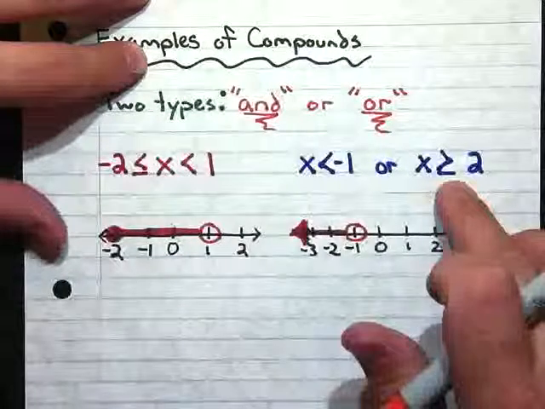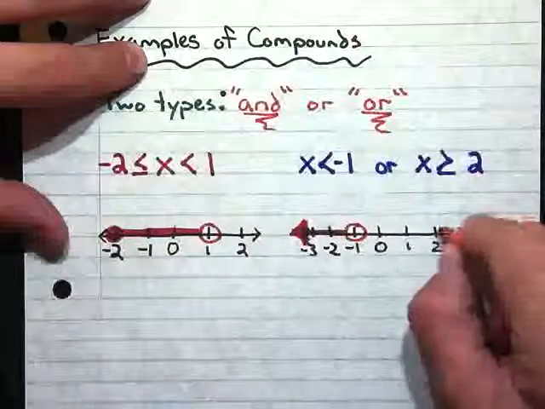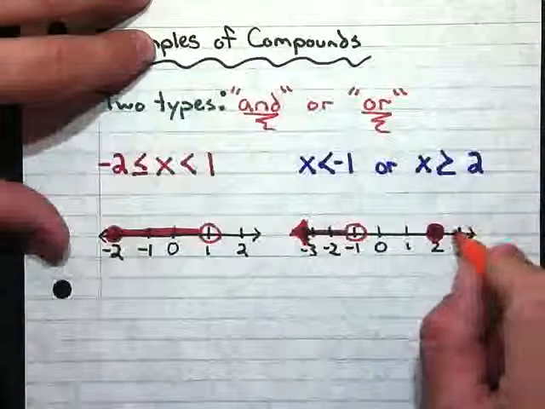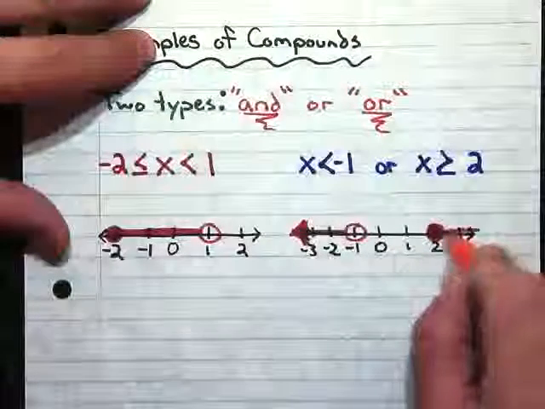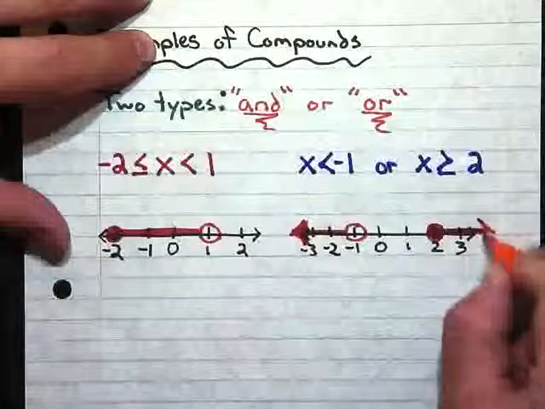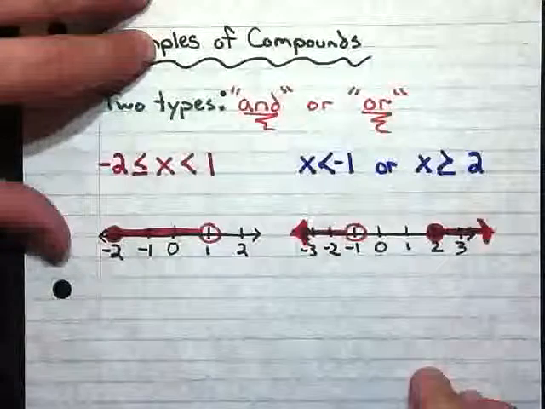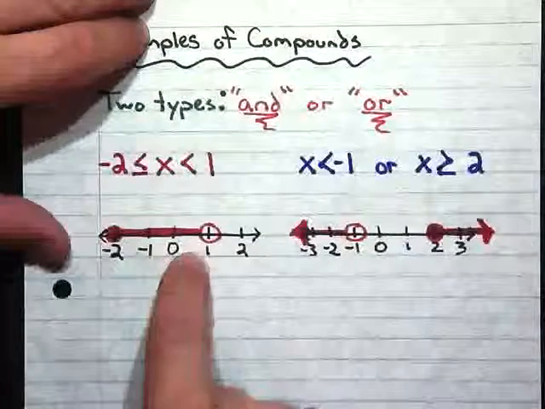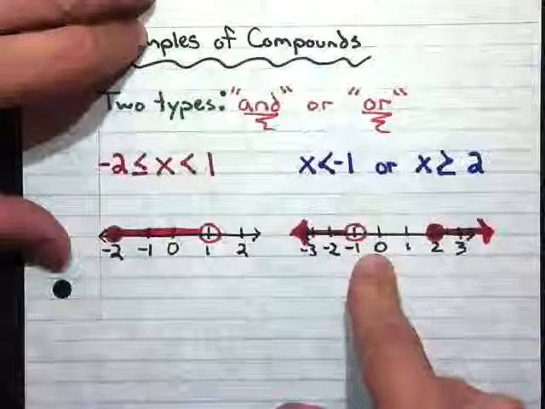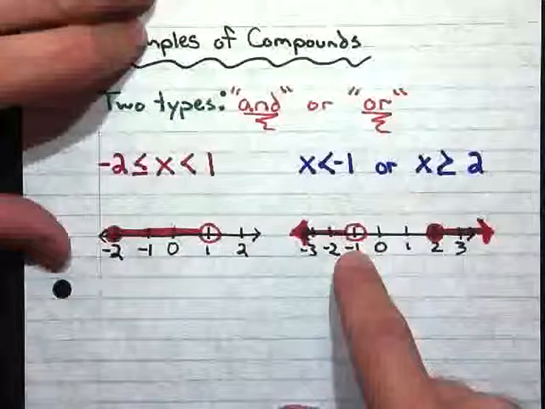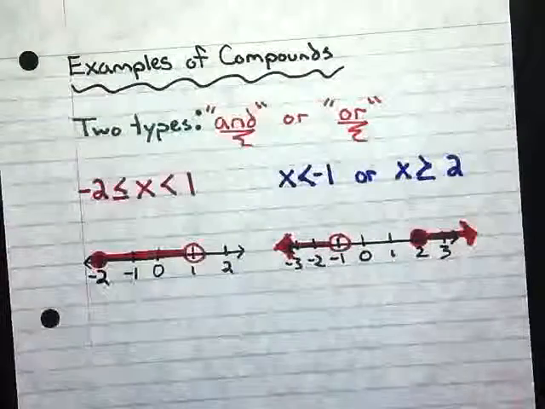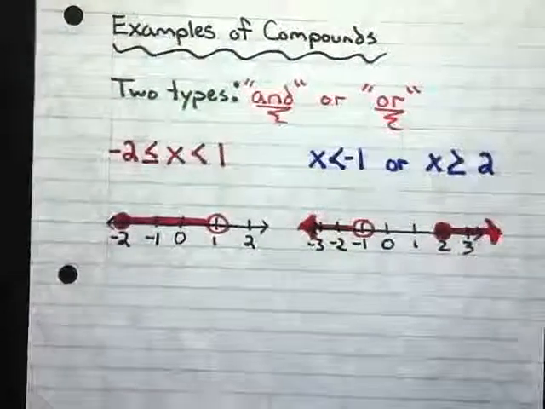Because of our inequality, we're going to use a closed circle at 2, and x is greater than that, which means it's all the x values to the right. We draw our arrow to the right, and we have the solution for the graph. So you can see here that an and compound is in between 2 points, and an or compound's solutions are going in opposite directions from each other. All right, so let's take a look at how we can actually solve compound inequalities.